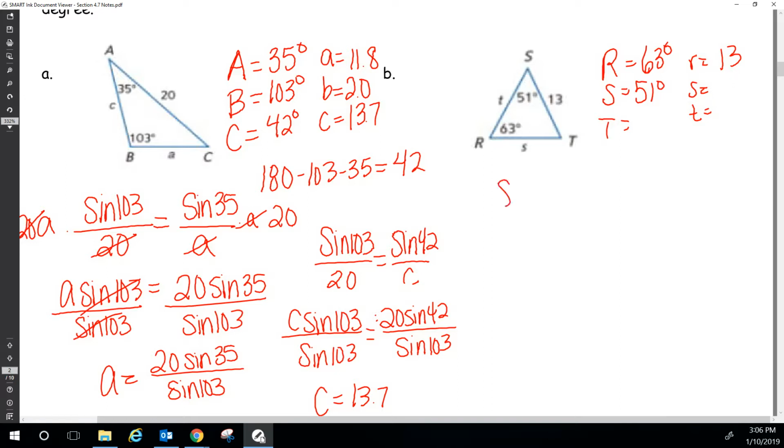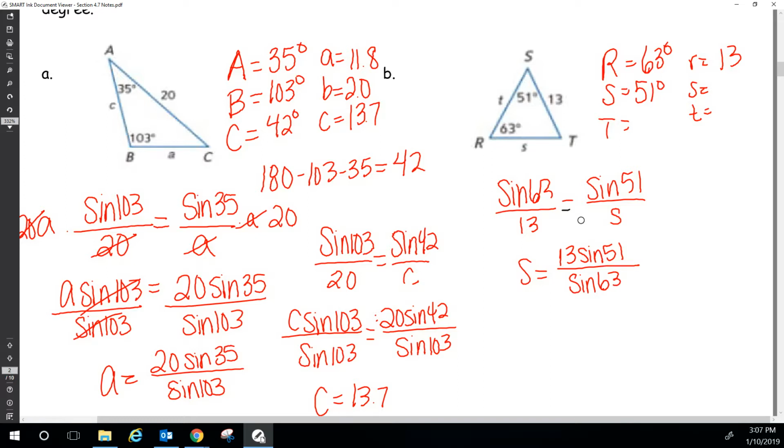the law of sines. So sine 63 divided by 13, that ratio has to be the same as sine 51 divided by little s. And I'm going to start skipping steps on you. When we cross multiply and then divide by sine 63, that would give me 13 times sine 51 divided by sine 63.